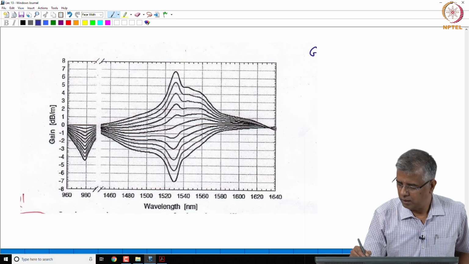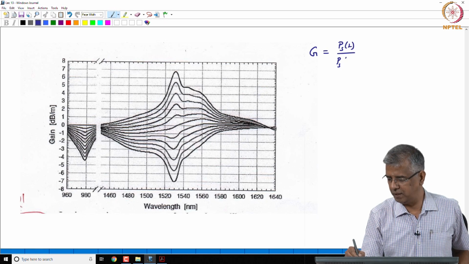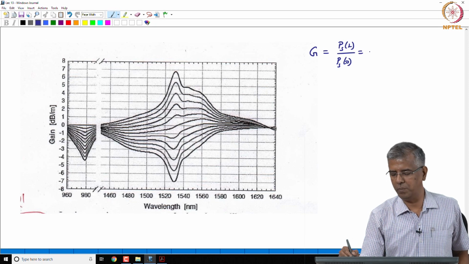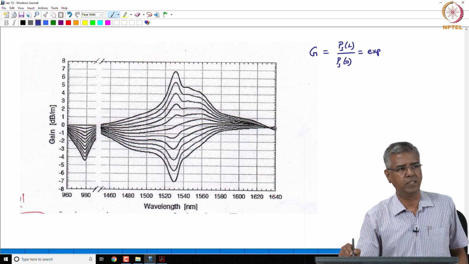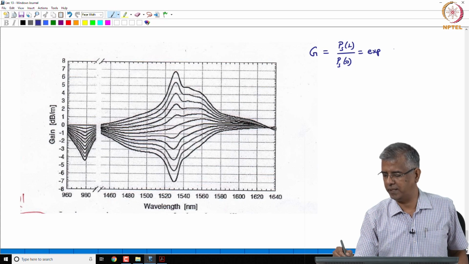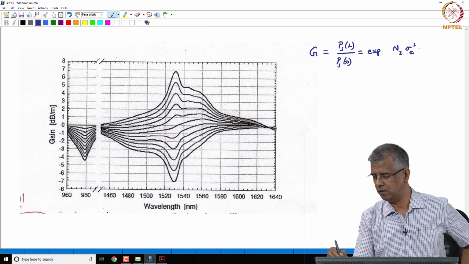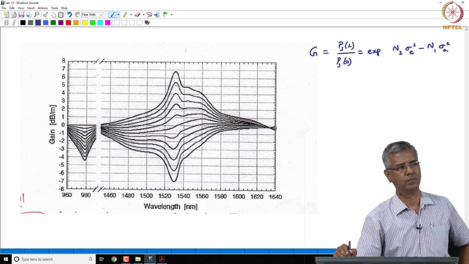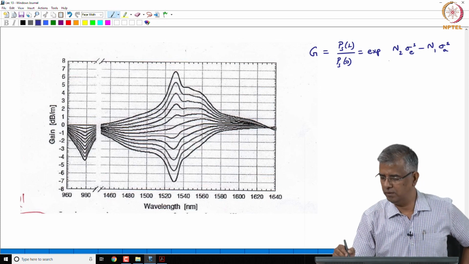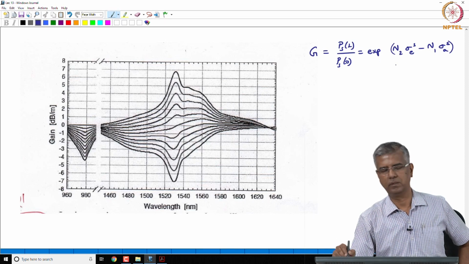So, my overall gain, which is given by Ps of L over Ps of 0, is now going to be exponential of this factor. You have N2 sigma E S minus N1 sigma A S, right. But this is not a constant now, right.